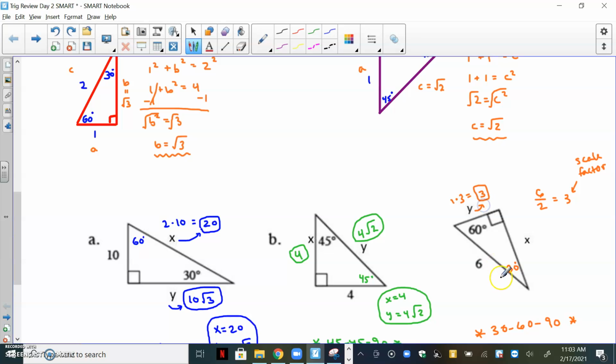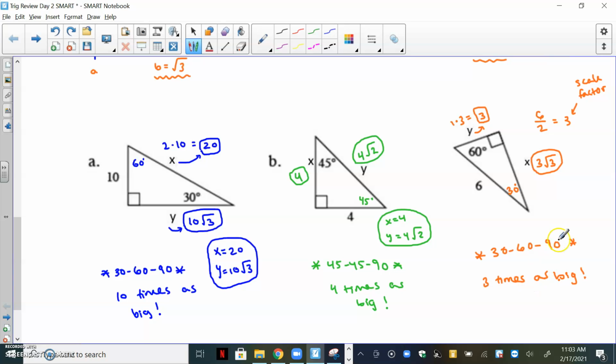That's our length of y. And then x is going to match with the square root of 3 side, so square root of 3 times 3 is just 3 root 3. So my x is equal to 3 root 3, and my y is equal to 3.